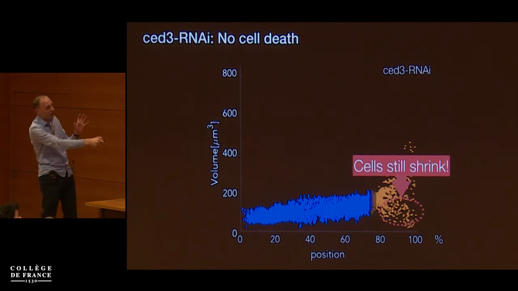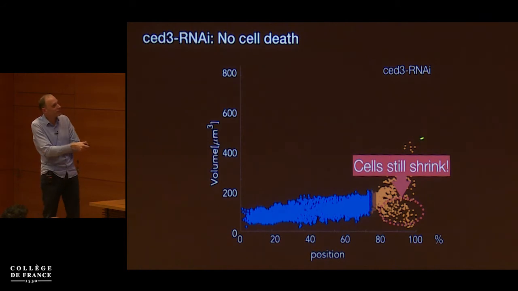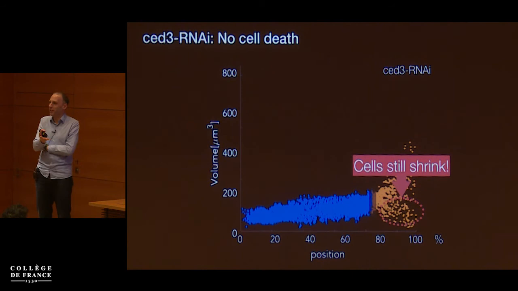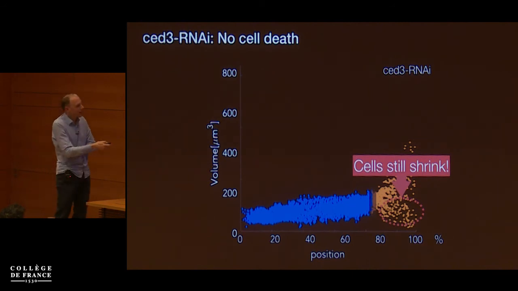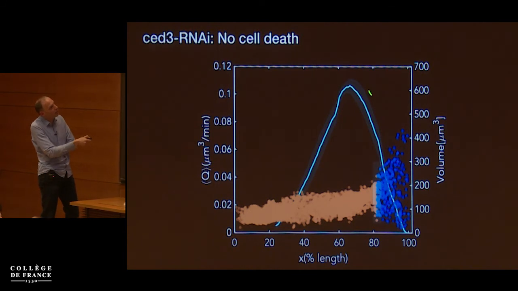The gonad becomes a bit longer. Interesting things happen. This splitting point moves a little bit back, but we still see splitting. We see large cells, we see small cells, except now all of the cells survive. And again here we have this splitting, a little bit further behind the peak in the volumetric flux in the rachis.